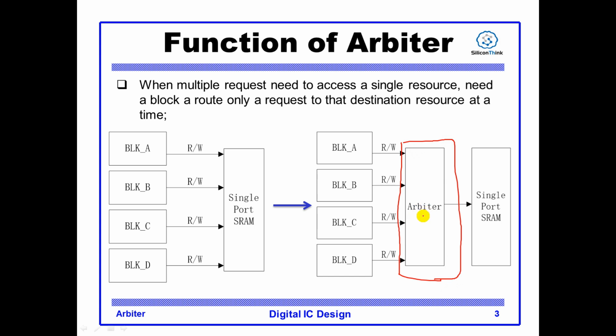This is the arbiter module that will do arbitration. For any cycle, it will select only one request and route the request information to the destination. For this case, it will route the chip select, write enable, write data, and the write address to the port of the single port SRAM. So this is the general function of an arbiter.